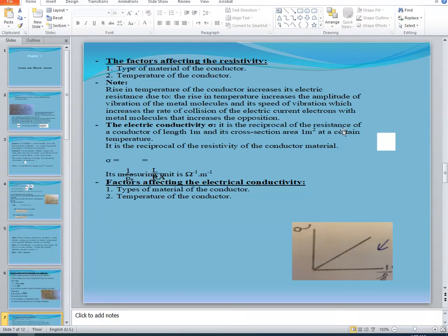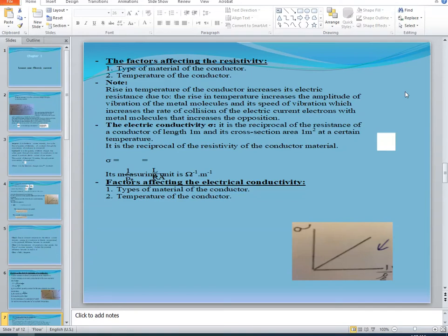Okay, as the resistivity is a characteristic property of matter, the conductivity will be a characteristic property of matter too. Why? Because it depends on the type of material and also the temperature of the conductor, and it's a physical constant for the same material.